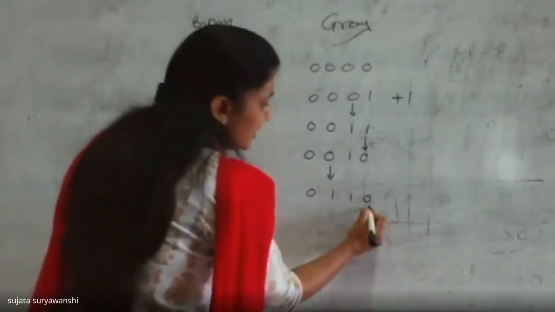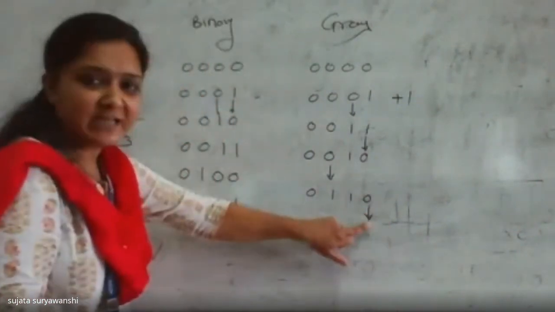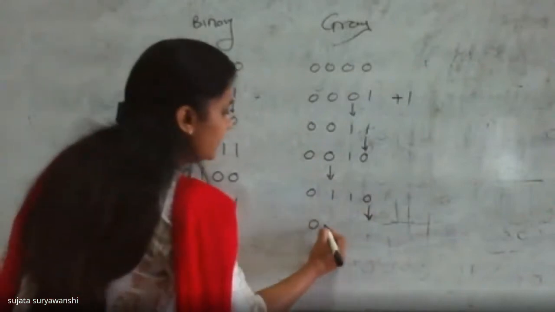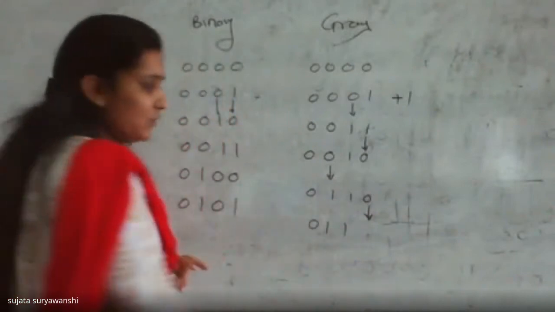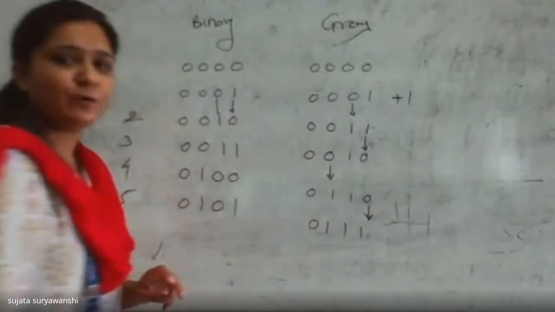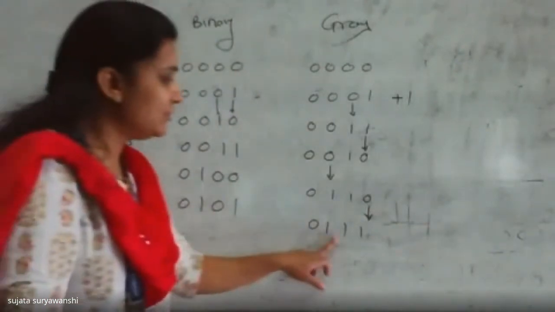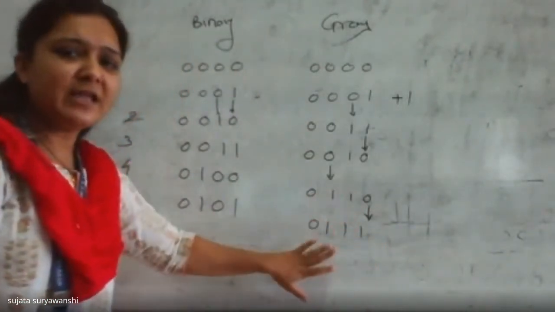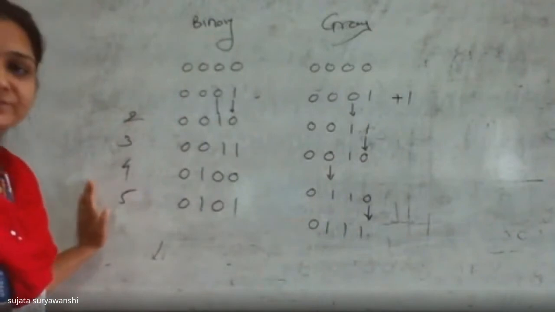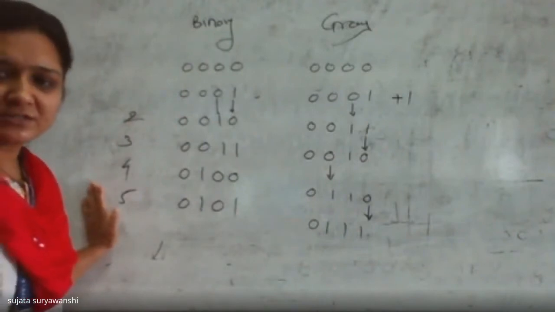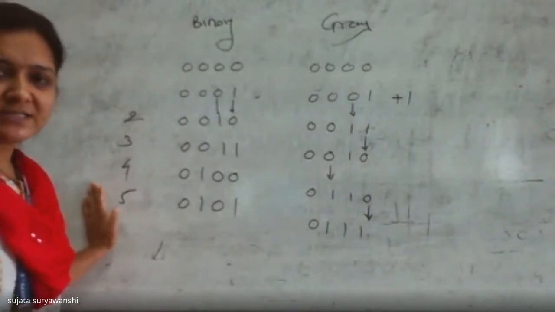But now, here only this bit will change, remaining bits will be as it is. That is 0, 1, 1. Only this bit will change from 0 to 1. So 0, 1, 1, 1 is the gray equivalent of 5. All of you understood this? Yes, everyone?